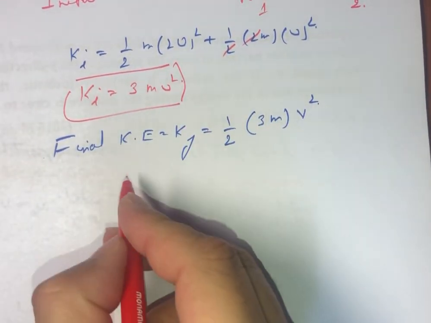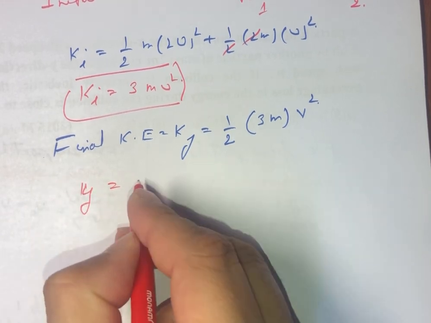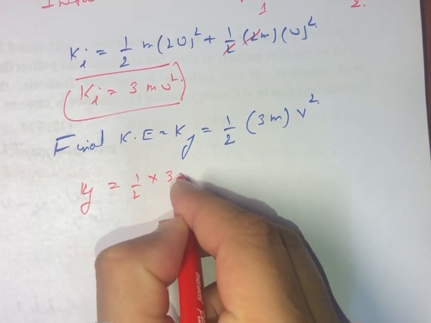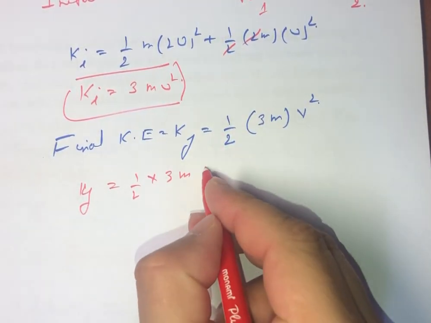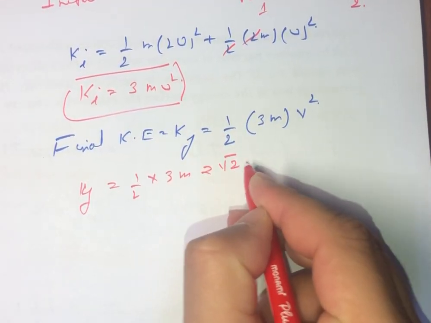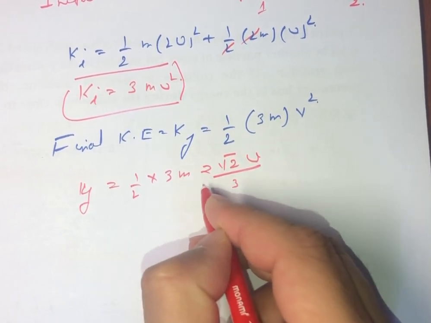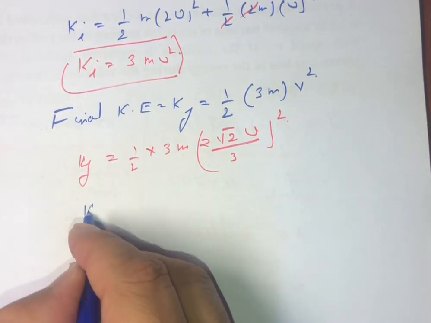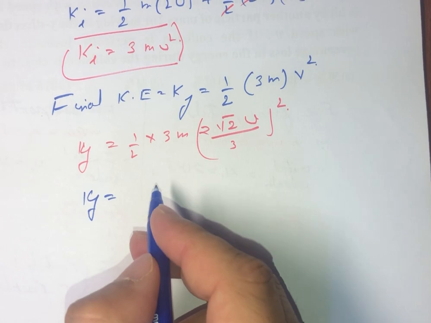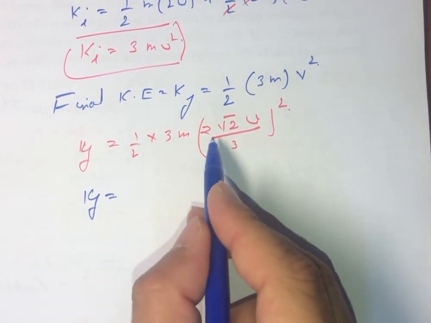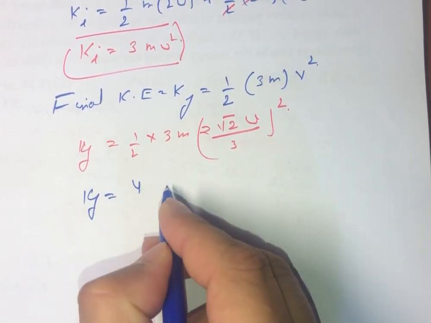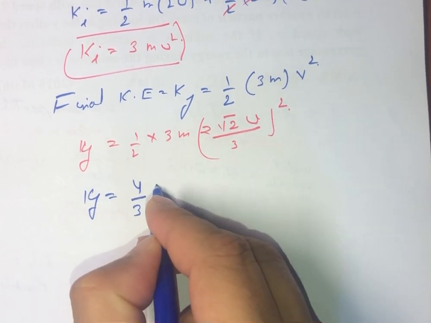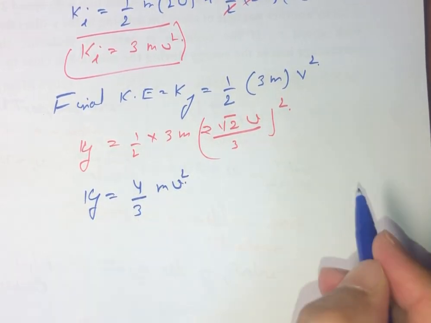We get Kf is equal to half 3m and this V came as 2 root 2 v divided by 3 whole square. So we get K final will be equal to 4 divided by 3 m v square.